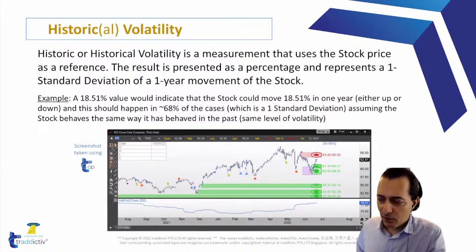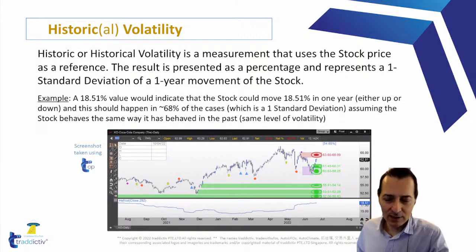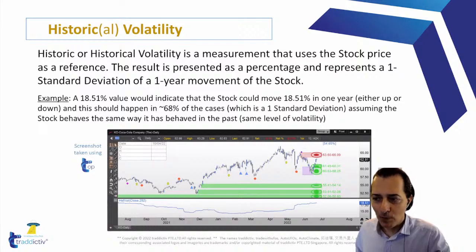So this calculation tells you that if the stock keeps behaving the same way it has behaved in the past, 1 year from now, that stock should be either up or down 18.51% in 68% of the cases, which is a normal thing to happen. That's why it's called a normal distribution. It's a normal thing to happen.